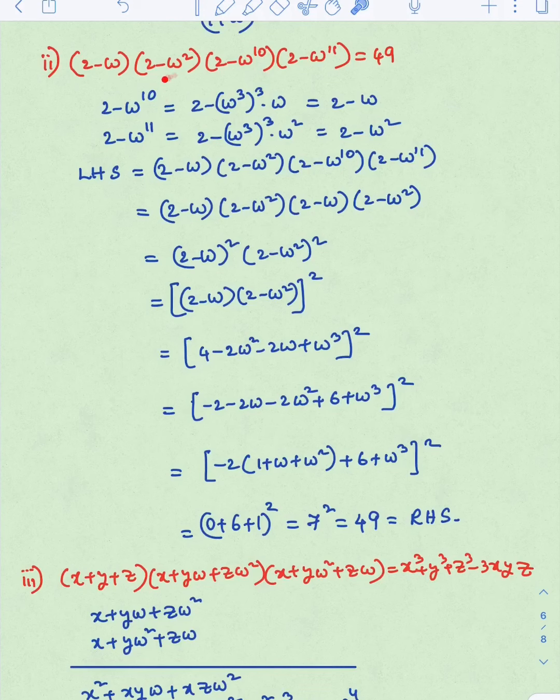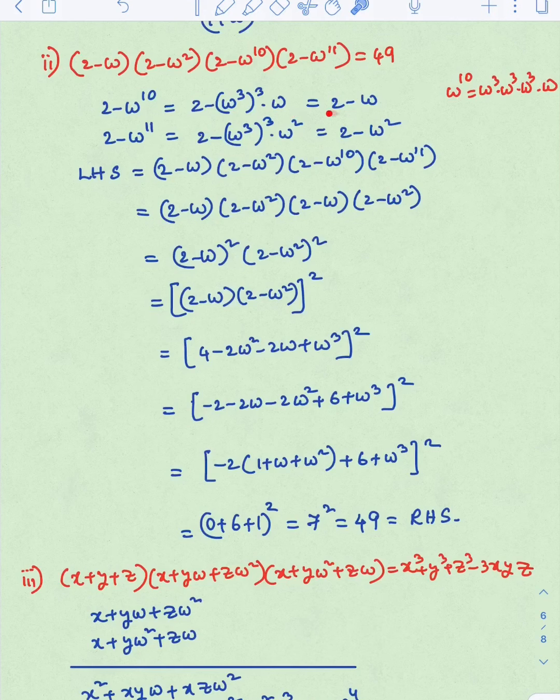So, omega power 10, how many omega cubes are there out of 10? That is omega power 10, omega cube whole cube into omega. So, its value is 1, no?